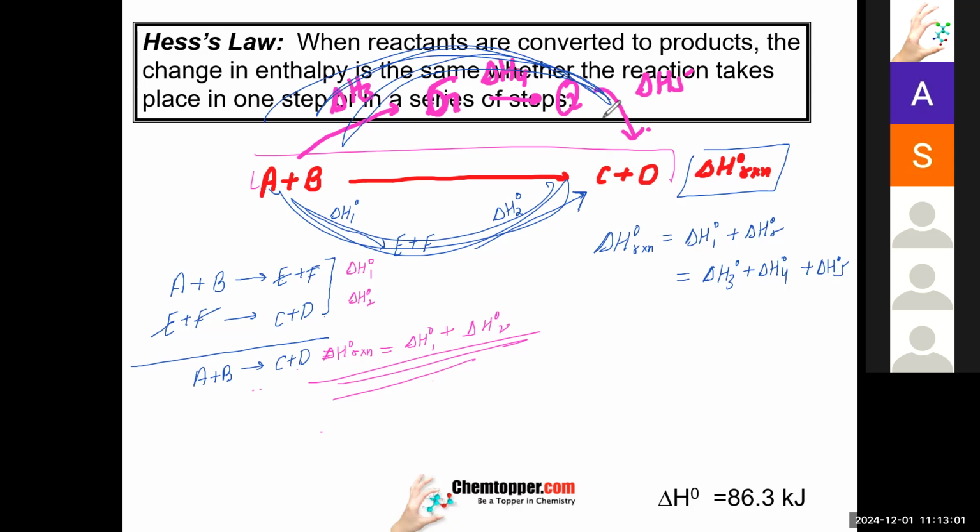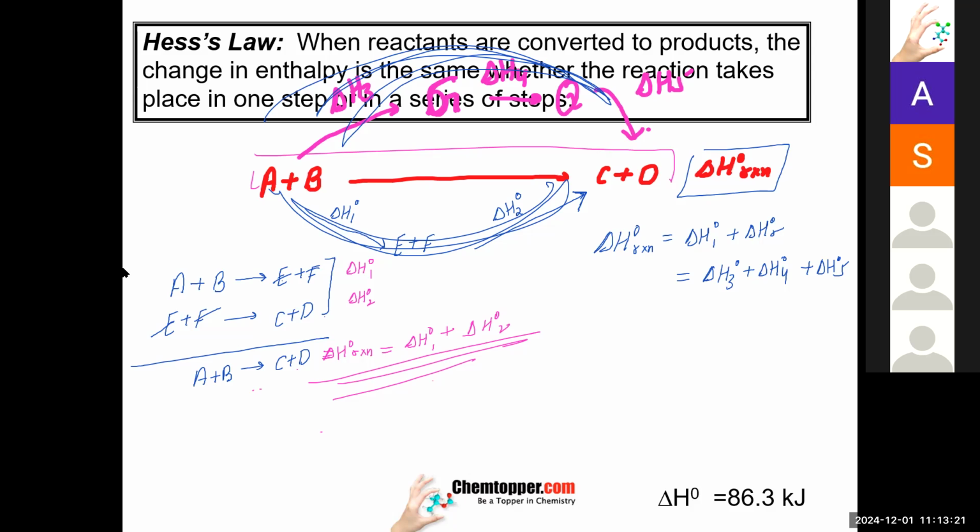So it doesn't matter which path we are following because delta H is a state function. It does not depend on path. You can follow any path. The delta H of the reaction will remain the same, will be constant.